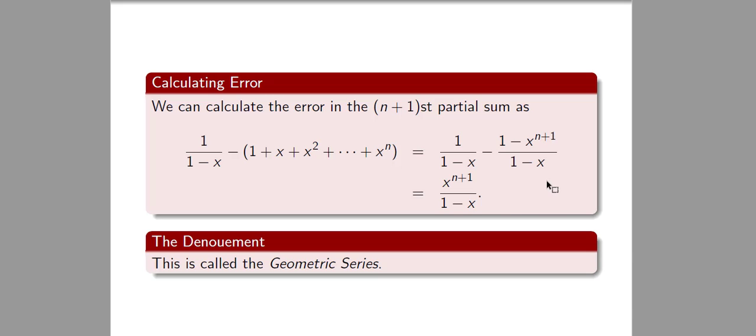So if you take an x whose absolute value is less than 1 and take a larger power of n, you'll see that this error can be made as small as we like. And so this series, which is the sum of x to the nth power for n equals 0 to infinity, is called the geometric series.